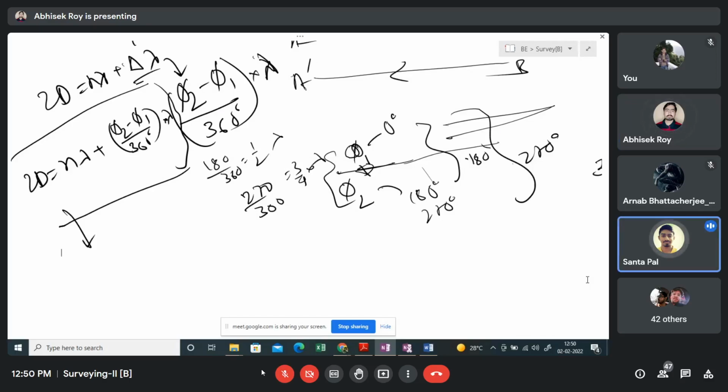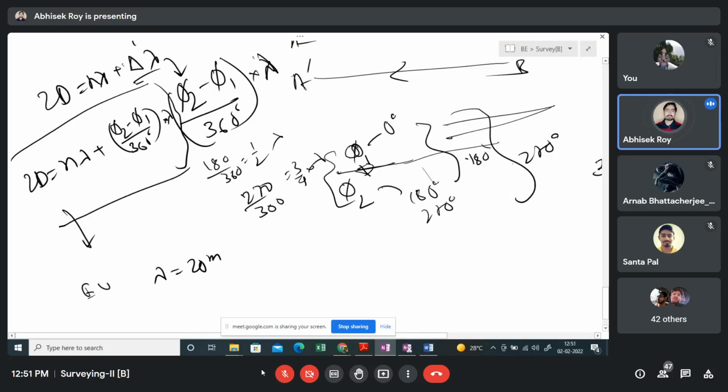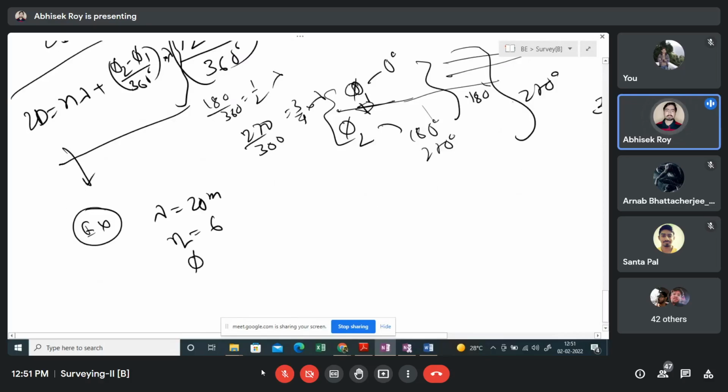Okay. Yes, sir. Okay, so say your lambda or wavelength is 20 meter, just for an example. Say the number of totally completed cycles is 6, and say the phase of the starting incident ray is 0 degree and phi 2 is 270 degree.